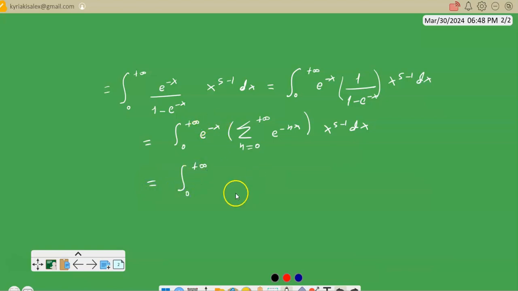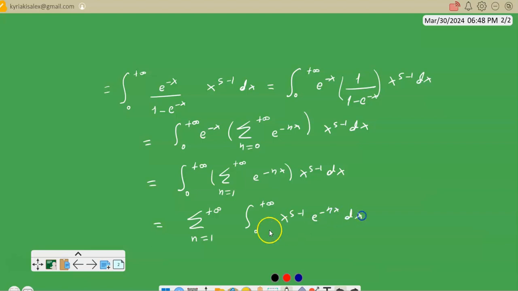Because we have e to the minus x, we change the index here, so n runs from 1 to infinity, e to the minus nx, x to the power of s minus 1 dx. So we have the summation from 1 to infinity, integral from 0 to infinity, x to the power of s minus 1, e to the power of minus nx dx.